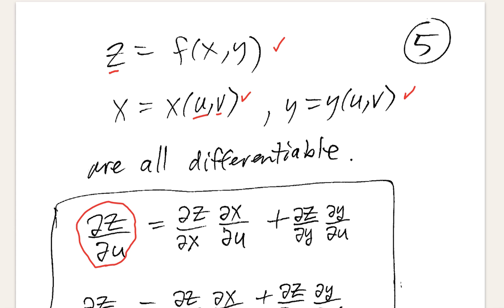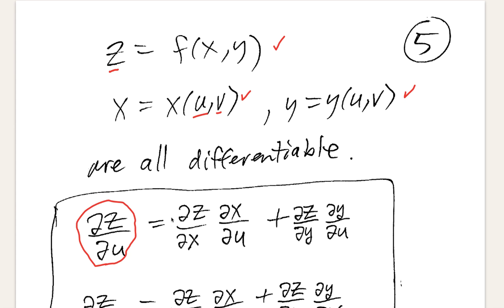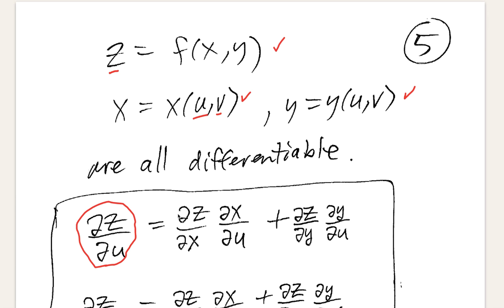Now, what's the rule? What's the chain rule in a case like this? Well, it's very similar to the previous chain rule. If I'm going to take the partial derivative of z with respect to u, first z depends upon x, but since it depends upon both x and y, I'm going to have the partial of z with respect to x.